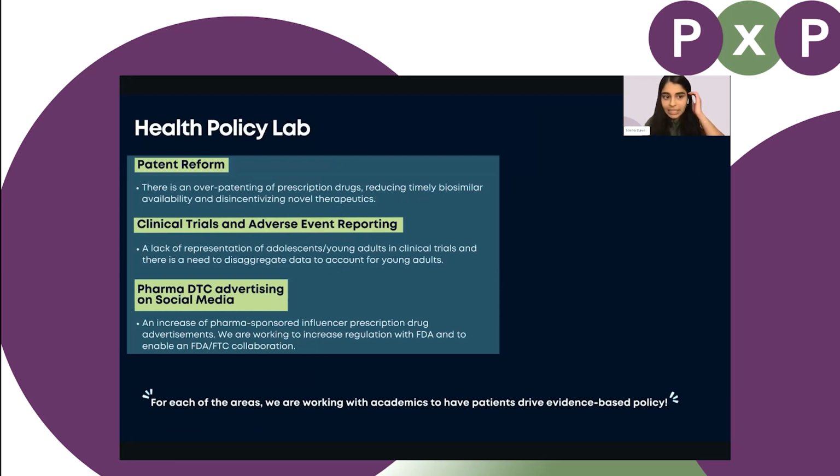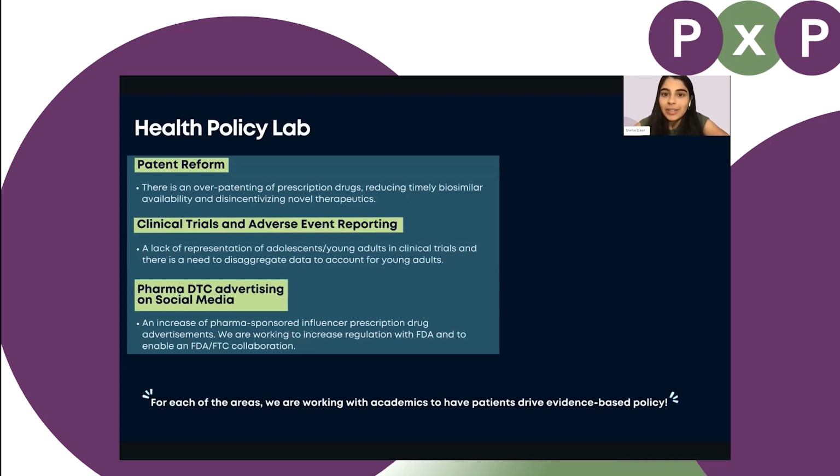And so there's three areas that we focus on at Generation Patient, and three areas where we're driving a lot of the work. And so one is on patent reform. So again, in the United States, we have a huge issue with the over-patenting of prescription medicines, which reduces timely biosimilar or generic availability.